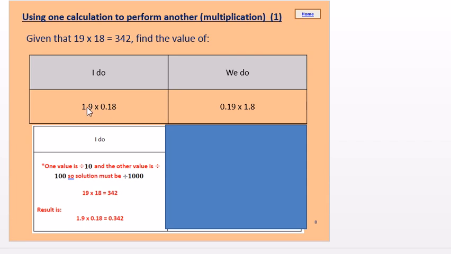Our answer must be 10 times 100, which is 1,000, 1,000 times smaller than 342. So 342 divided by 1,000 gives us 0.342. Please pause the video and try the we do for yourselves.